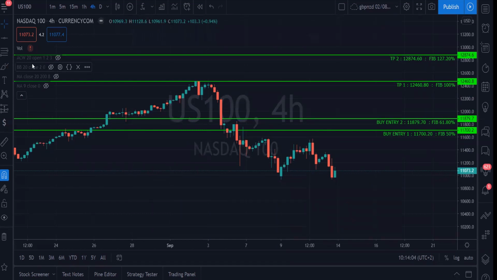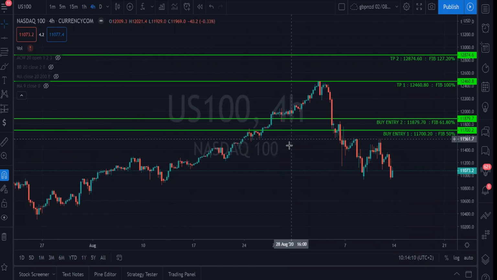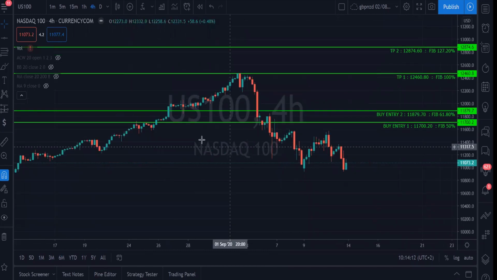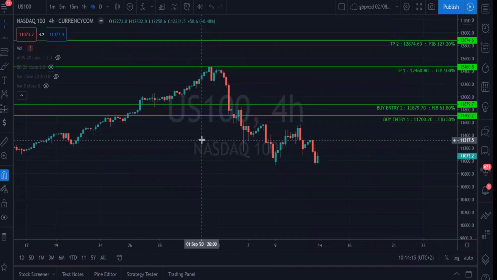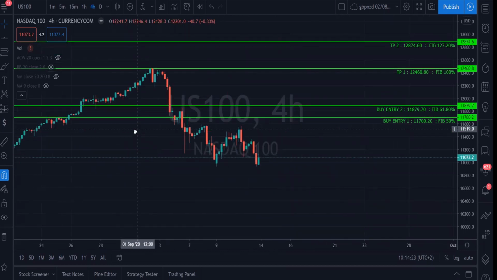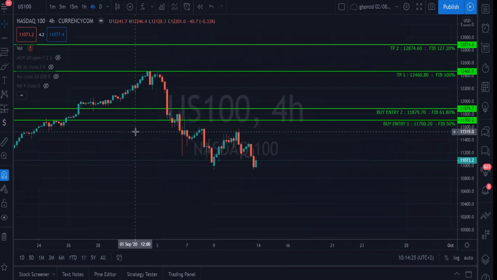Okay, so now what we are saying is, in the event that NAS does not go bullish, but goes bearish, we want to know where we're going to take our sell entries and where we're going to put our sell TPs, okay?